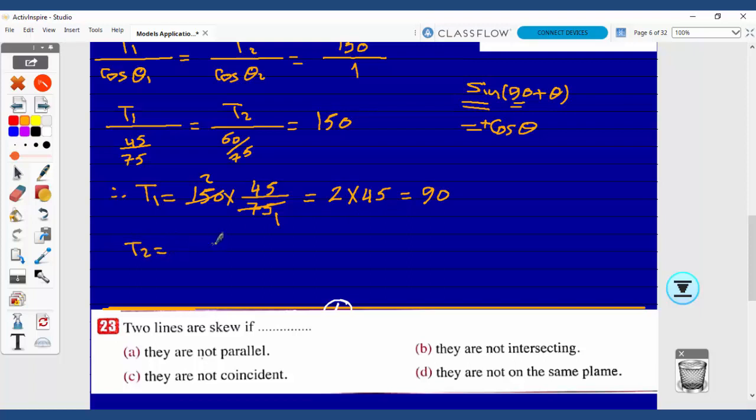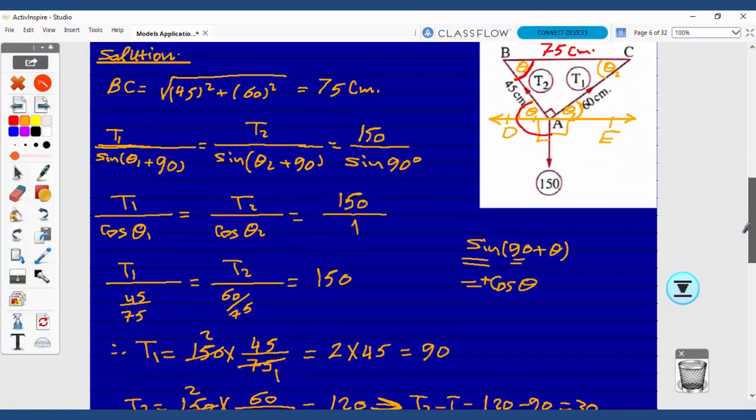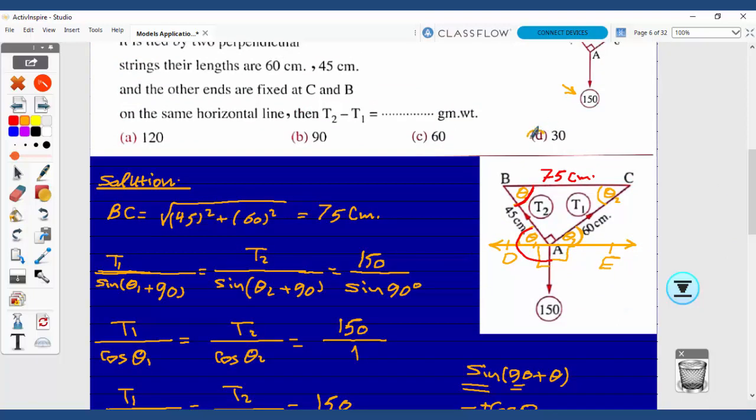T2 equals 150 multiplied by 60 over 75. Using your calculator, you will get 2, and the result equals 120. The required is to find T2 minus T1, which equals 120 minus 90, which equals 30. And here we choose letter D as the solution.